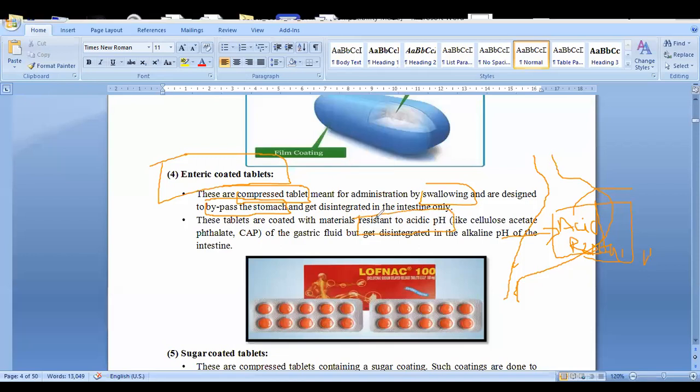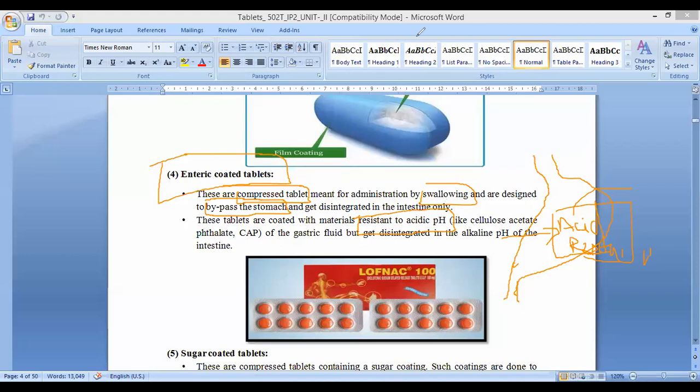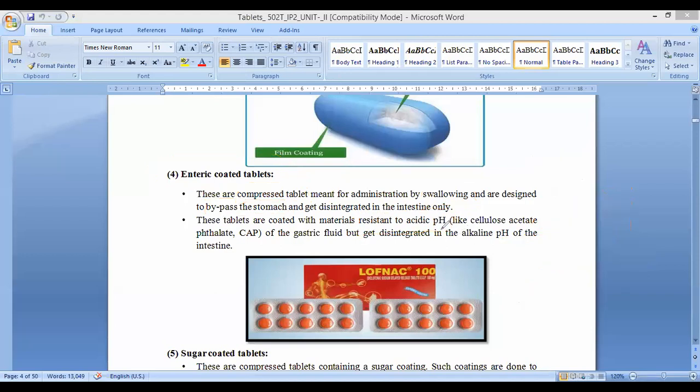And the classical example, which you have to remember, is CAP, which is cellulose acetate phthalate. P is silent over here.